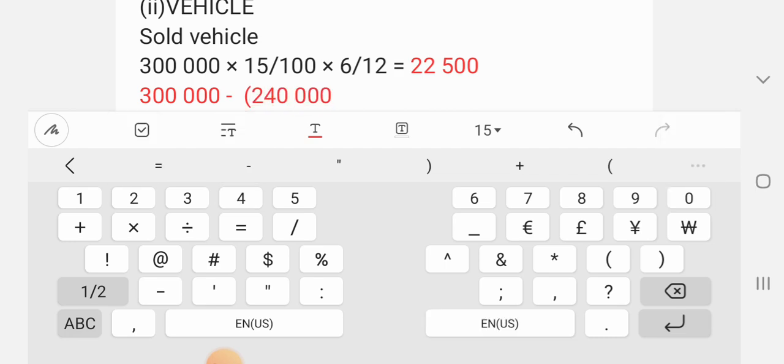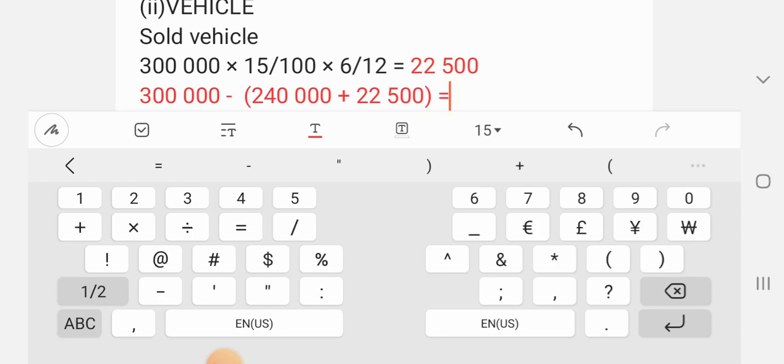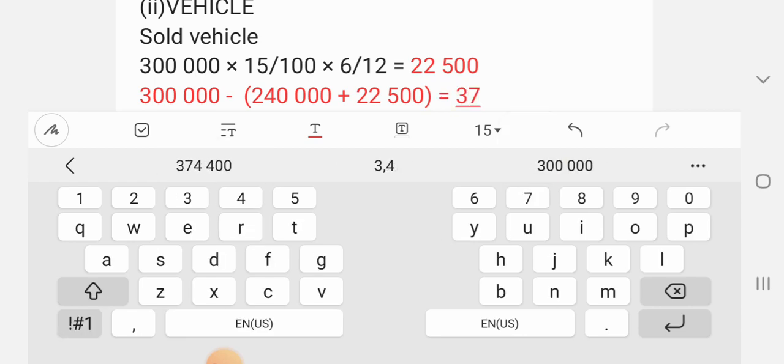So we take that one, and then we just add depreciation of 22,500 rand, and then we are going to get 37,500.